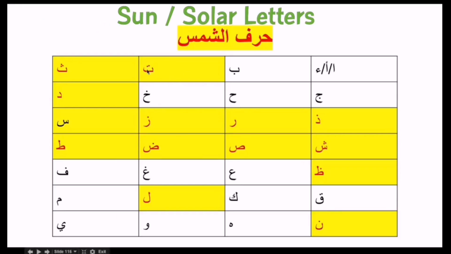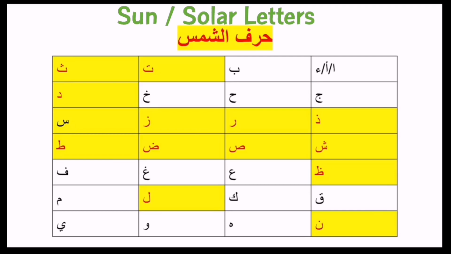And these are the letters which are the sun letters. If you see bright yellow is the sign of sun, so these are the sun letters. And a very easy way to remember, you don't have to memorize, is any letter which is pronounced by bringing the tip of your tongue just near the front teeth, in front or behind it.